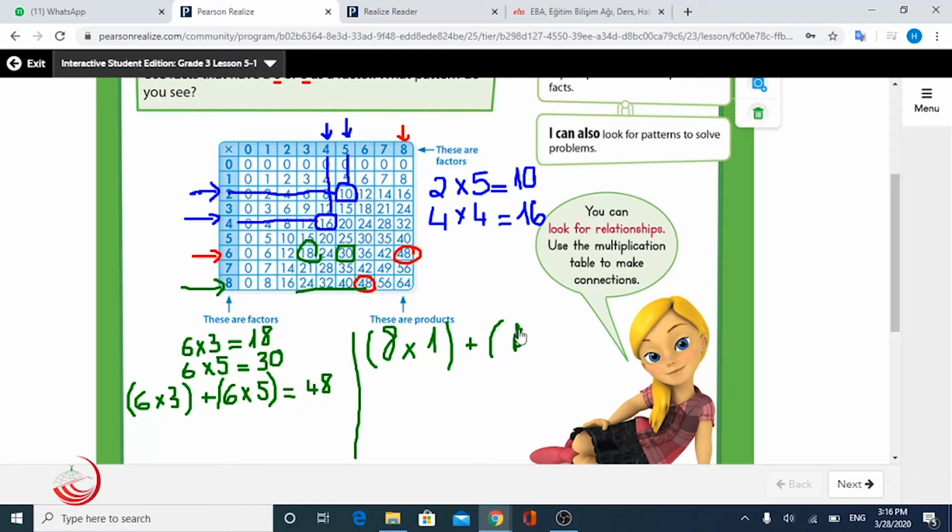8 times 5 will give me 40, and 8 times 1 is 8, so 40 plus 8 is 48. All right?